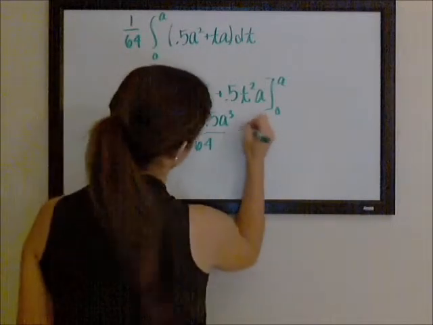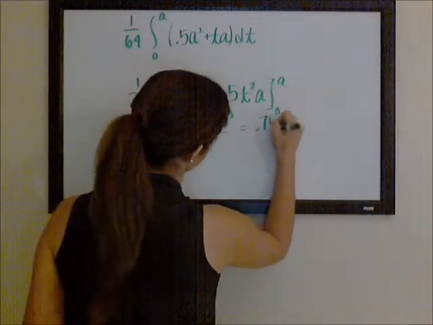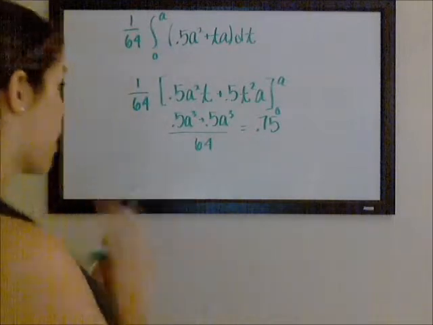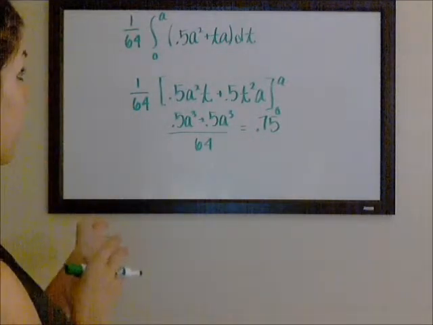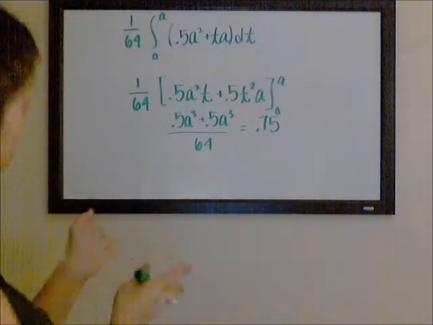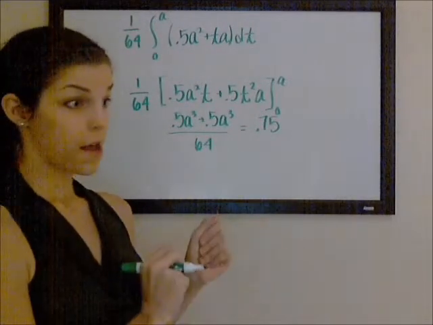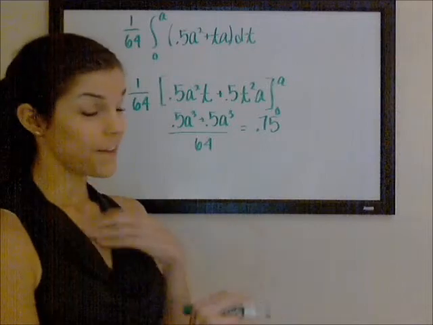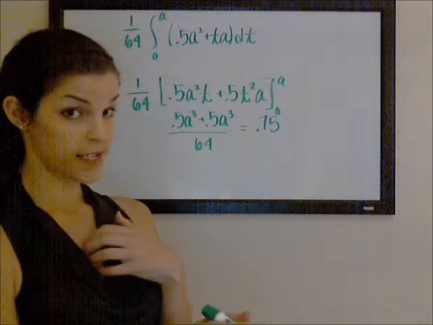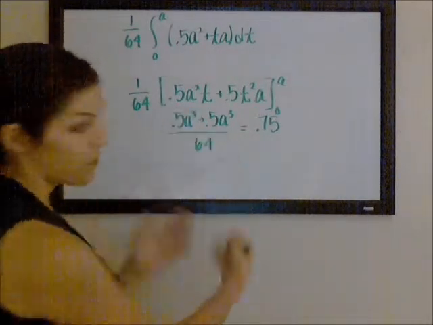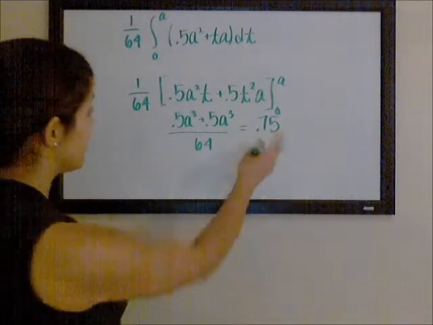Like we said in the beginning, this whole integral was equal to 0.75. The probability that the future lifetime of the last survivor is less than or equal to our third quartile, or 75th percentile, which is A, is 75%.